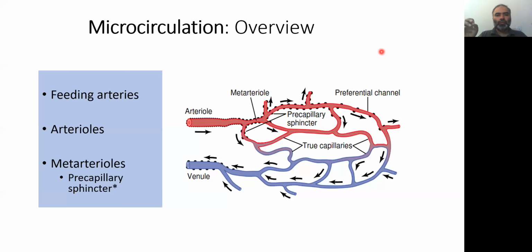Okay, so welcome back. We are now starting with the third chapter overall of Guyton, which is microcirculation. I just want to tell you that this particular chapter has two important concepts which relate to your examination. It's not a very overwhelming chapter.